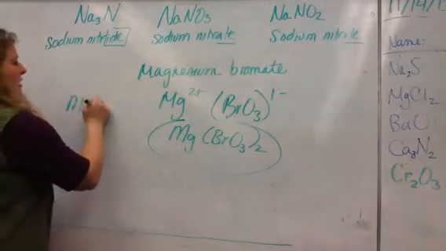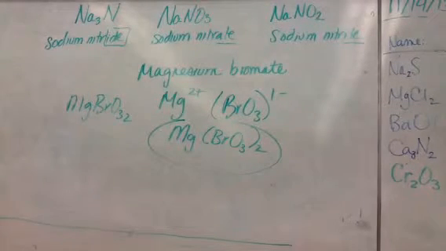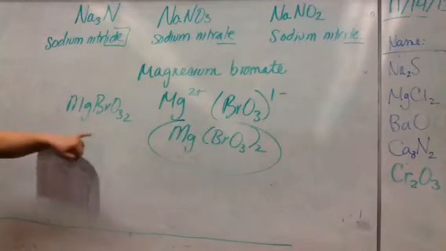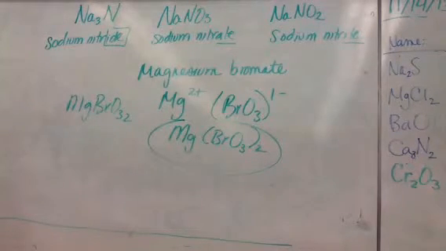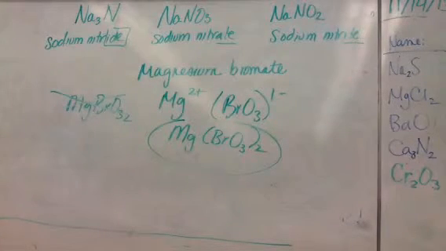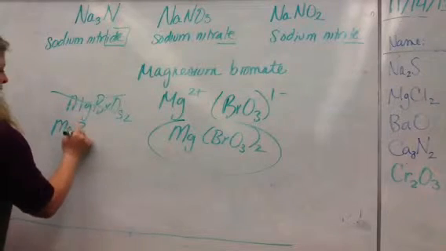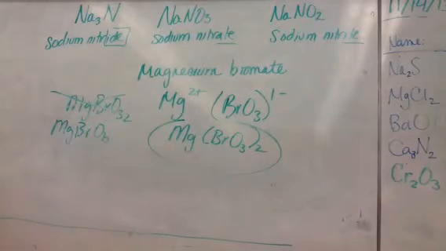If you were to write this, you're essentially saying you've got a magnesium atom, a bromine atom, and 32 oxygens. Wrong. What if you were to do this? Okay, I can multiply that out. Wrong!